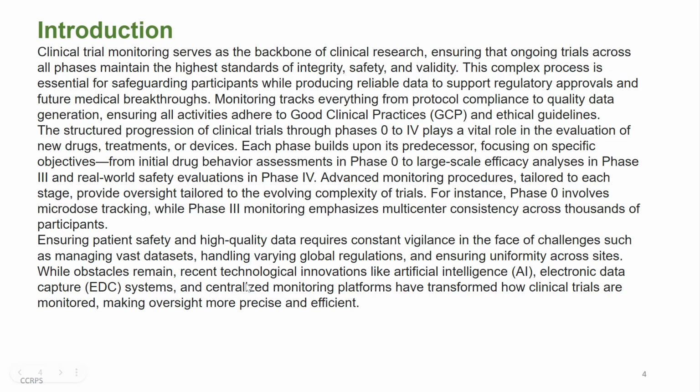While obstacles remain, recent technological innovations like artificial intelligence (AI), electronic data capture (EDC) systems, electronic case report forms (eCRF), and centralized monitoring platforms have transformed how clinical trials are monitored, making oversight more precise and efficient.